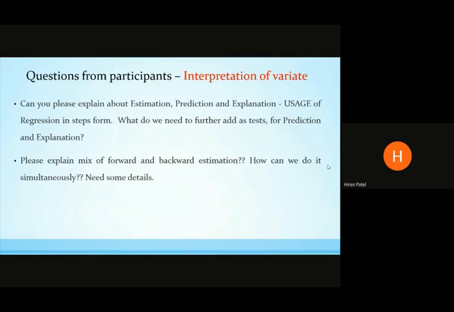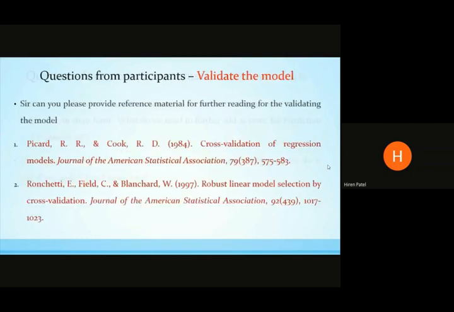That is the purpose of all these three different methods under multiple regression. Another question was, please explain the mix of forward and backward estimation and how do we do it simultaneously. I suppose I answered this question earlier, so let me skip it at this juncture.